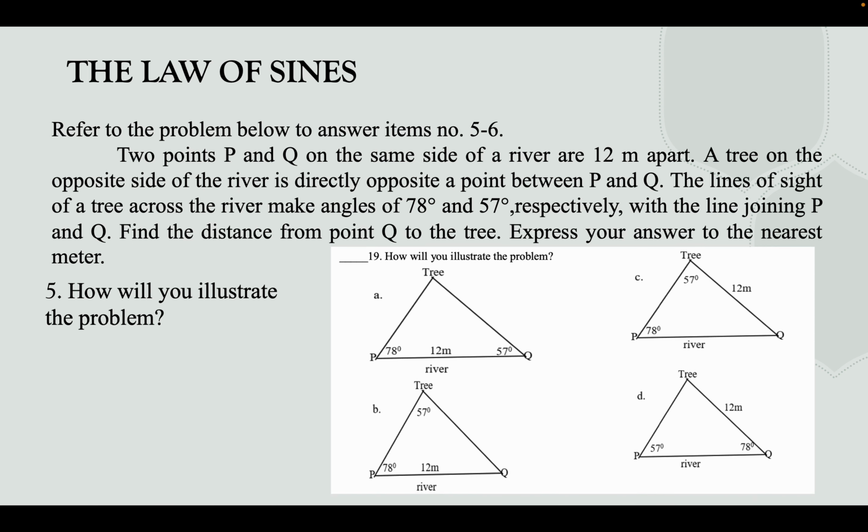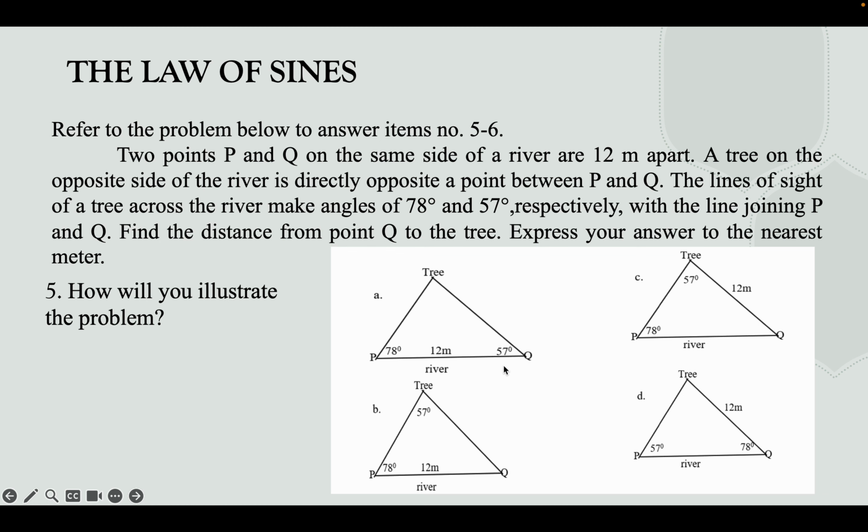So how will you illustrate the problem? Based on the given problem, it is stated that the tree is on the opposite side of the river, directly opposite at a point between P and Q. So that means the point opposite the tree is between P and Q. So we look at illustration A. And then P and Q are stated to be 12 meters apart.